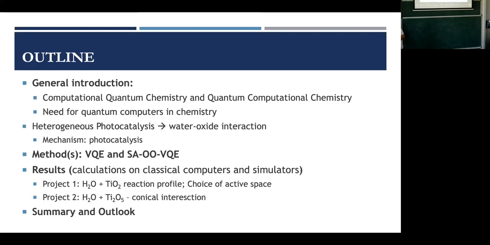Then I'll just mention VQE because everyone knows about it, and briefly talk about the state average orbital-optimized VQE, the algorithm we have used for our problem. Then I'll present the results of two projects I've been working on, and give a brief summary and outlook.